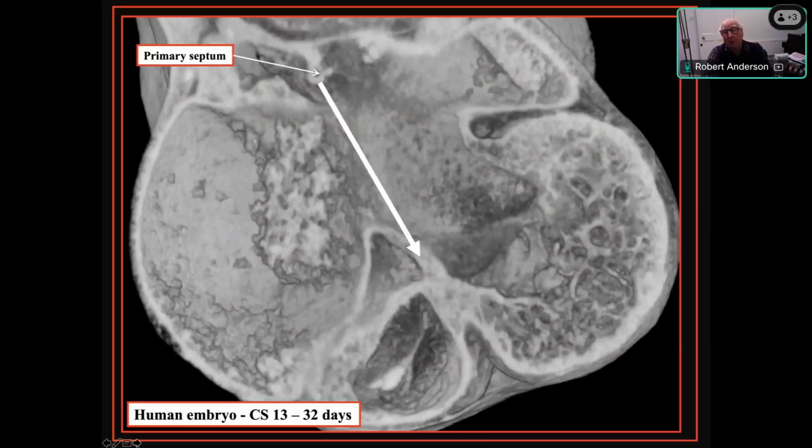But what happens if instead of growing midway in between the atrioventricular cushions, it is malaligned and grows to the right side of the atrioventricular junction? That is going to give us tricuspid atresia, committing the left atrium exclusively into the ventricular mass and meaning the left ventricle is going to be the dominant ventricle.